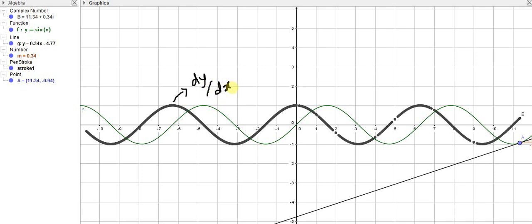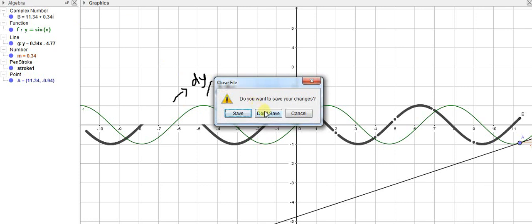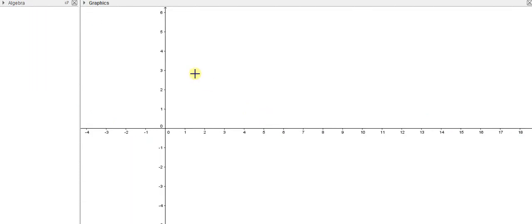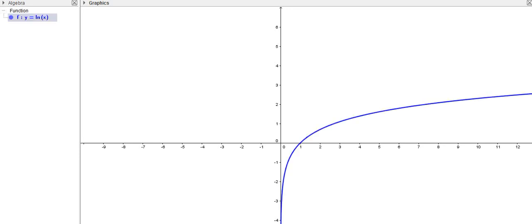Not only that, we can also find the graphical representation of other standard functions as well. I can also show you the graph of the log x function, whose derivative we know is 1 by x. So let's choose a different screen. I'm going to draw the graph of y is equal to ln x.